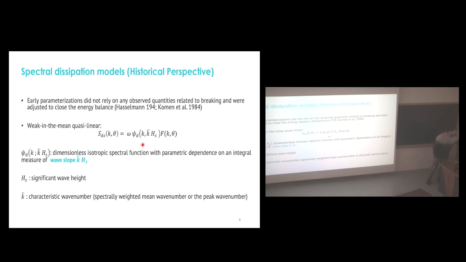And that one implicitly accounted for both breaking and non-breaking dissipation and was tuned to basically maintain the energy balance. There were no observations that went into constraining that term.